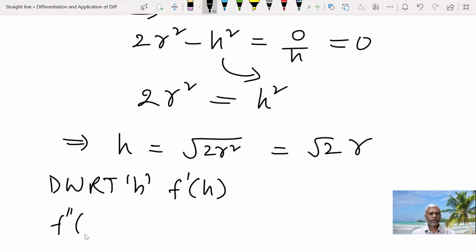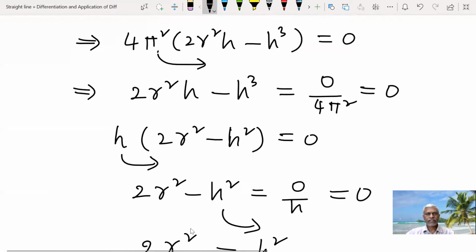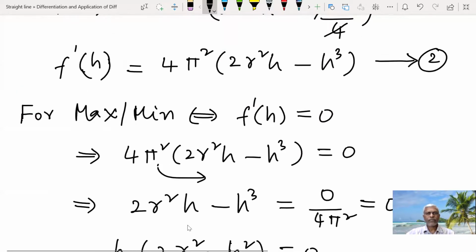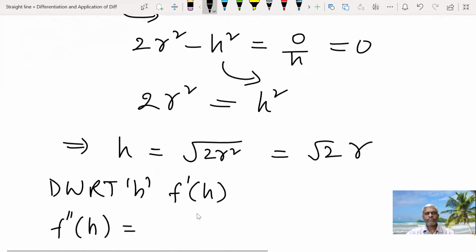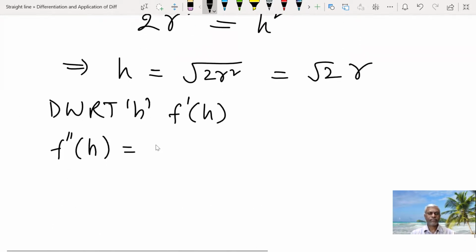Again differentiating equation 2 with respect to h, 4 pi square is constant as it is, and 2 r square is also constant.